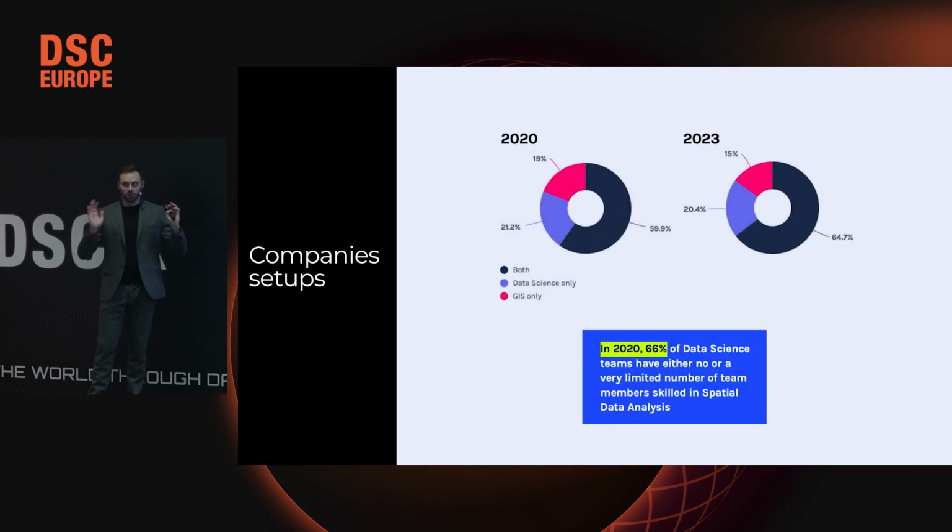So Carto has made this nice survey, and it turns out that on the one hand, locational data is everywhere, and use cases are literally everywhere. But it turns out that the knowledge is not yet there.